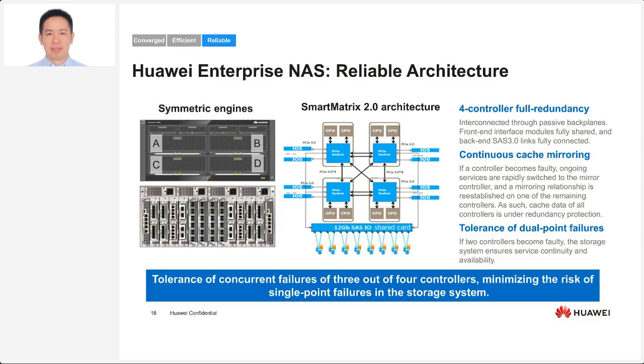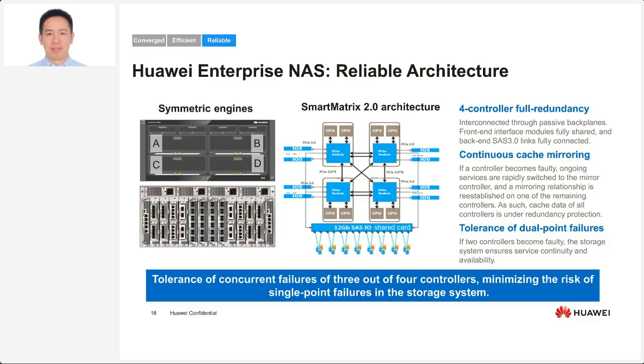If 2 controllers become faulty, the storage system ensures the service continues and remains available. That means tolerance of concurrent failures of 3 out of 4 controllers, minimizing the risk of a single point of failure in the storage system.